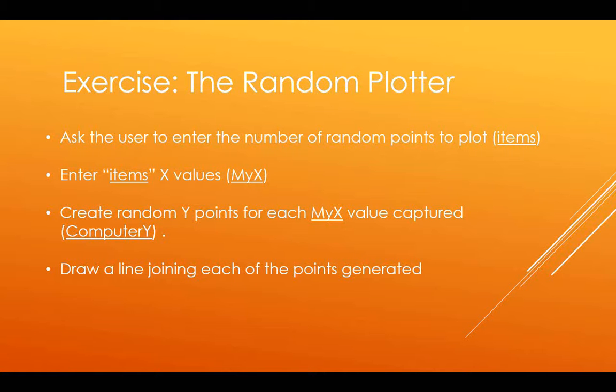So you will need a list of items. These are going to be my x and... Yeah, so items is going to be your list. My x and computer y will be normal variables.